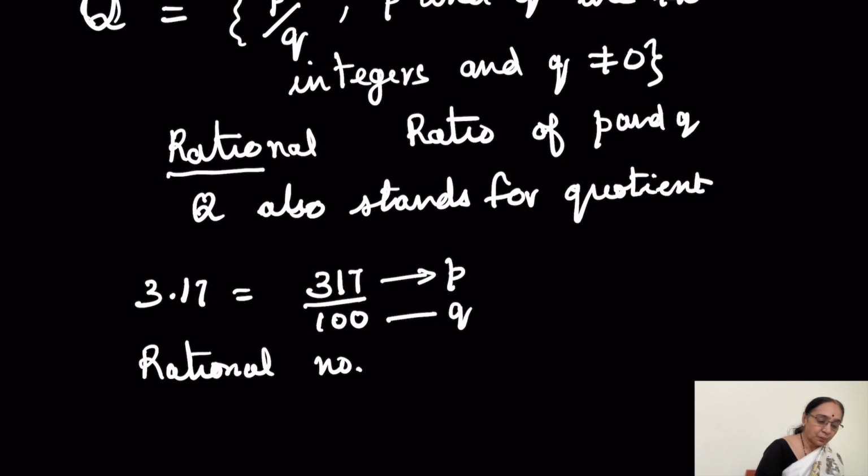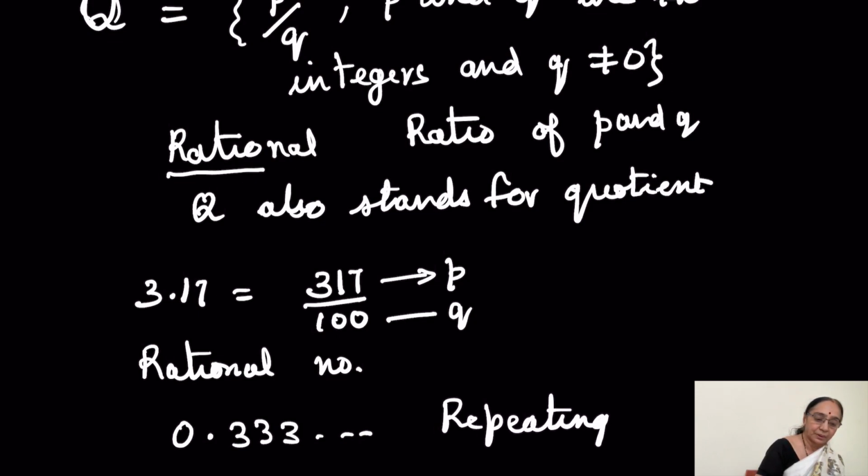Now what about 0.333...? This is a repeating or recurring decimal. In short, we sometimes put a dot over the 3.